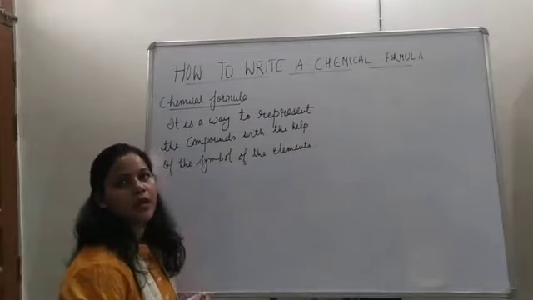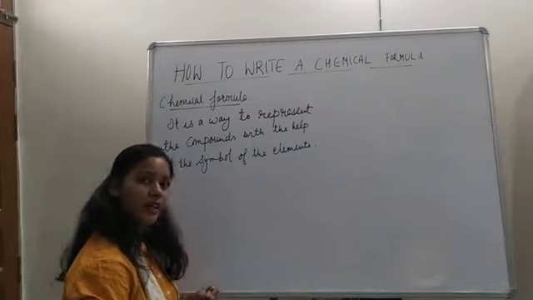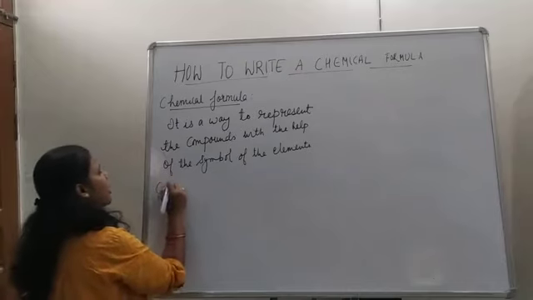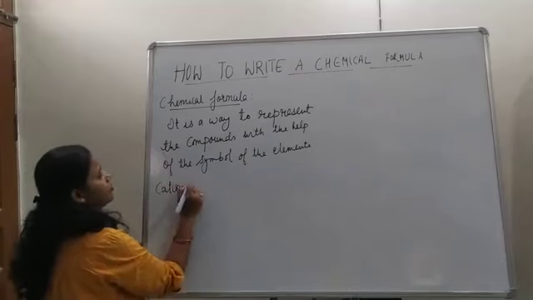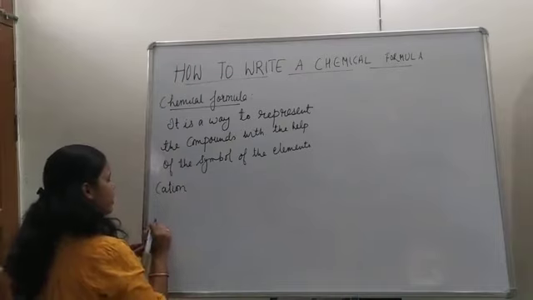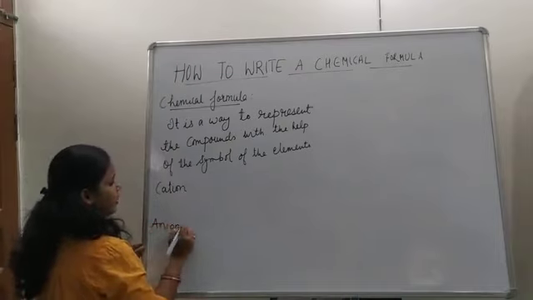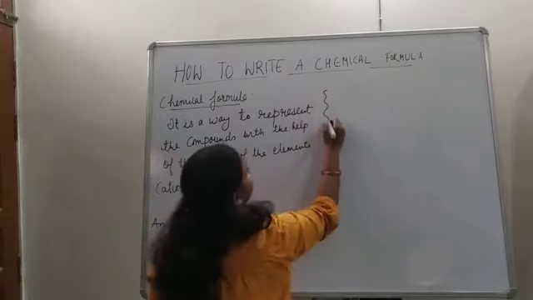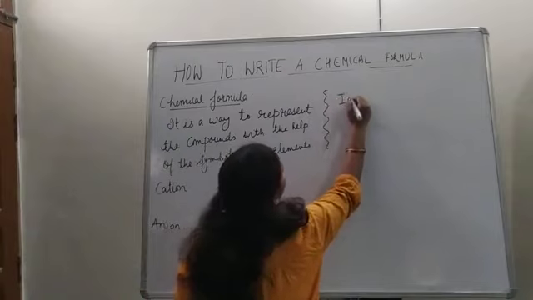In order to write a chemical formula, it is very important to know a few terms. For example, what is a cation? What is an anion? And first of all, what is an ion? So let me define ions for you.